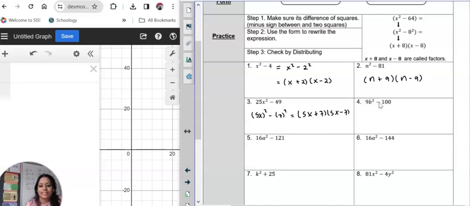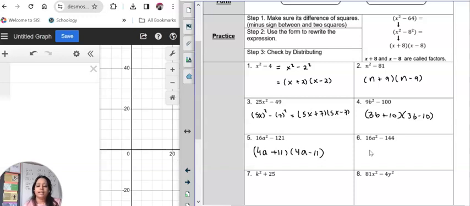Let's do this one. So here we have 9 is a perfect square, so I can say this is 3b plus 10, the square root of 100 is 10, and then this is 3b minus 10, okay? Just keep going right here. So this is 4a, the square root of 121 is 11, so plus 11, and then this is 4a minus 11.